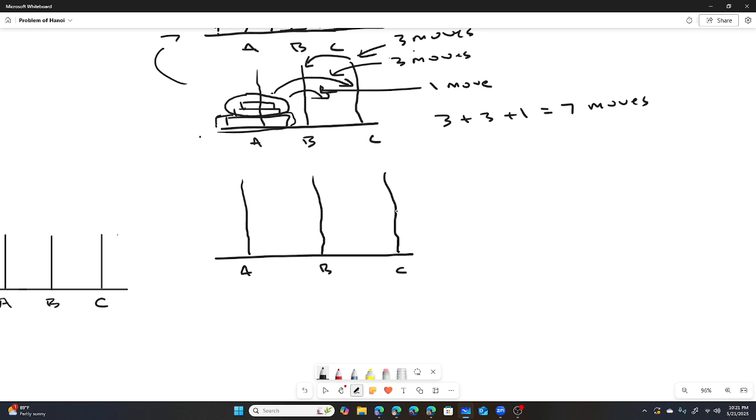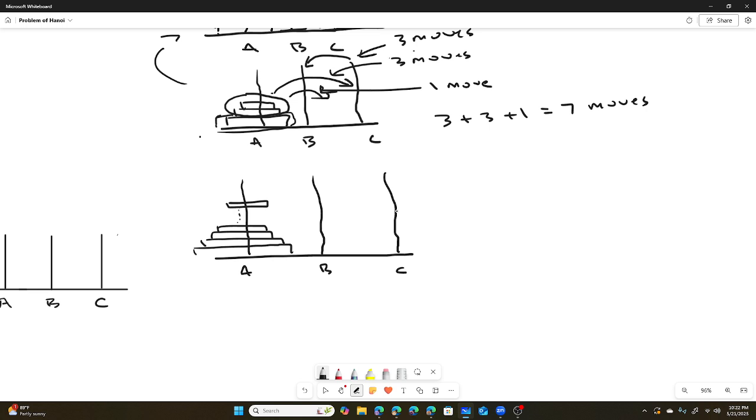We're gonna generalize it to n number of disks. Maybe some notation is good.